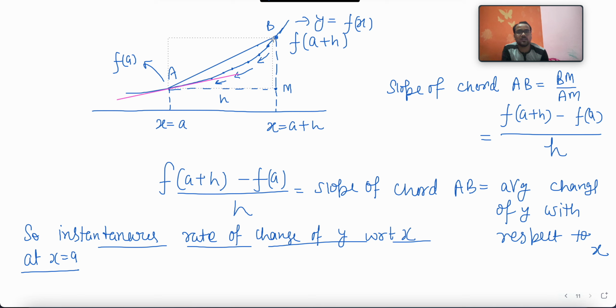That means the derivative or instantaneous rate of change of y with respect to x, that means derivative of y with respect to x, can be obtained by limit h tends to 0, and slope of chord AB we can write f of a plus h minus f of a upon h.